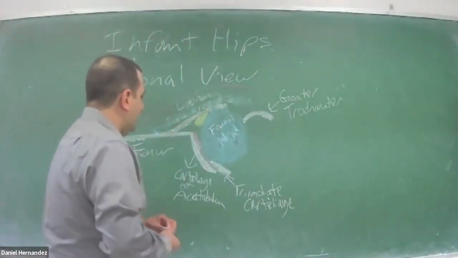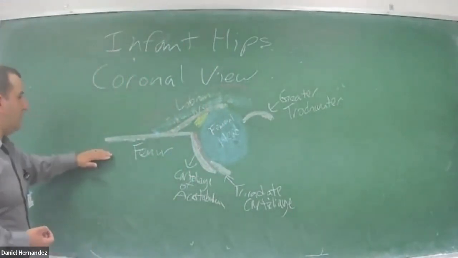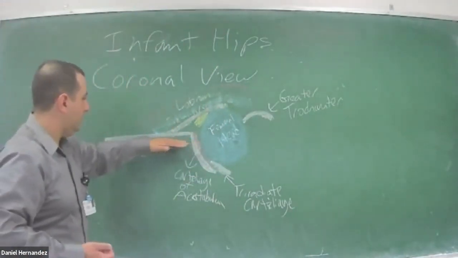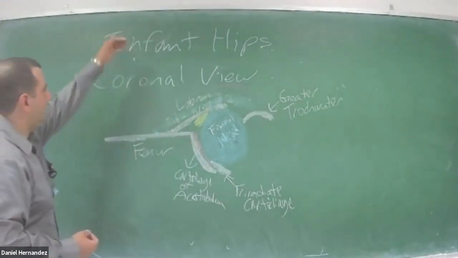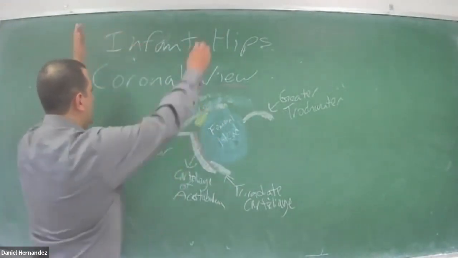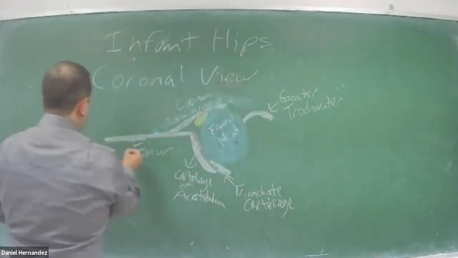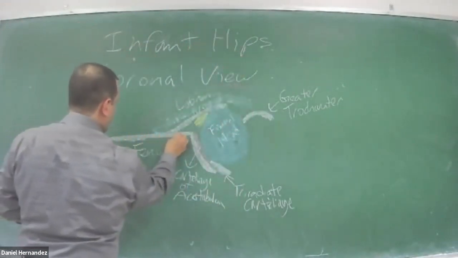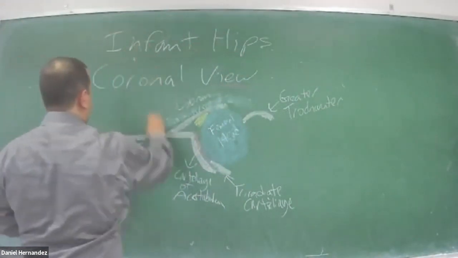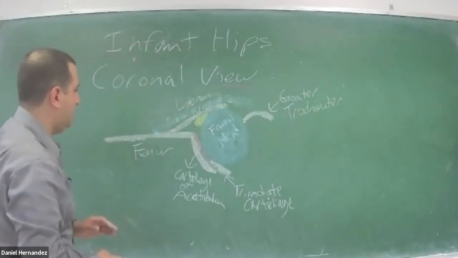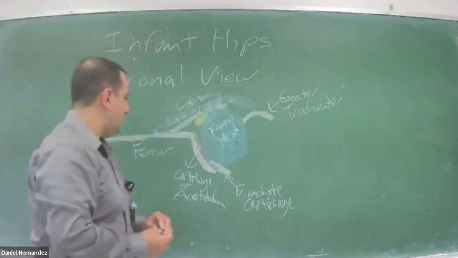So when we're doing our study, our aim and our goal is to align this femur perpendicular to our imaging plane. If we're imaging with our linear probe, we want this femur to be running perpendicular across the screen. So we want a 90-degree angle from what we're imaging, going straight across the screen.